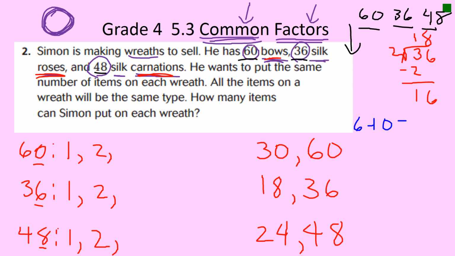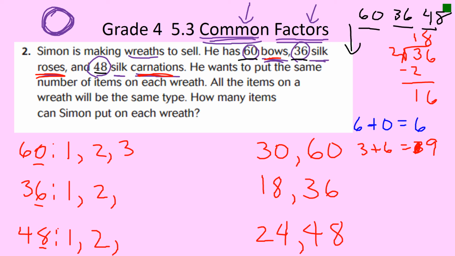So of course 6 plus 0 is 6. Is 6 divisible by 3? Yes. 6 divided by 3 is 2. Then 60 is divisible by 3. I'm going to add 3. I'm going to check for 36 now. 3 plus 6 equals 9.